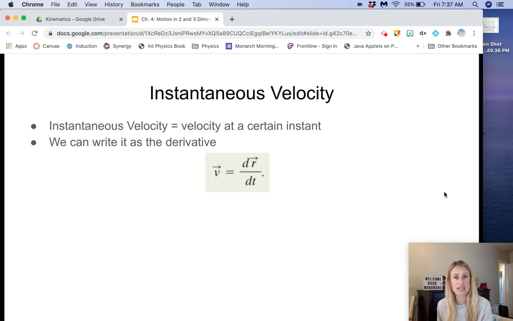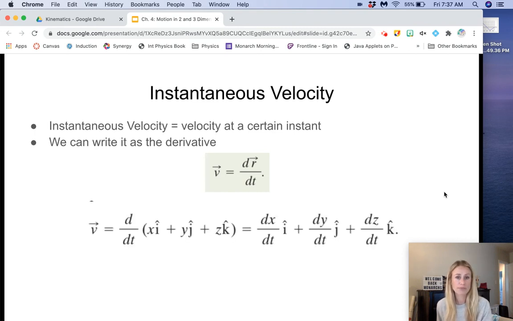So as the position changes with time, all we're doing here is we're just taking the derivative of the position function for x, y, and z. Again, this is just another notation to write this. If you had an equation for the position as a function of time in the x direction, an equation for the position of y as a function of time in the j direction, the y direction, right?